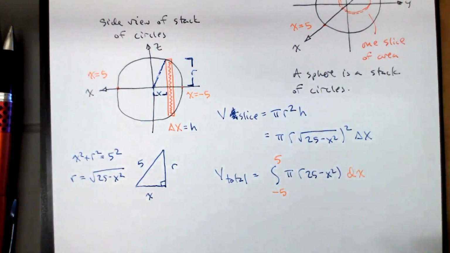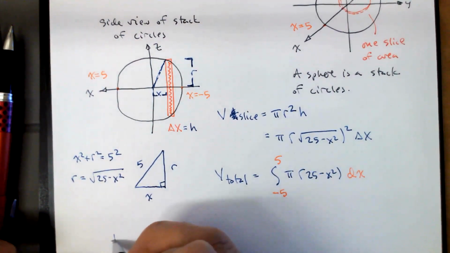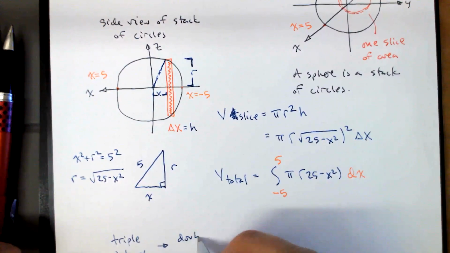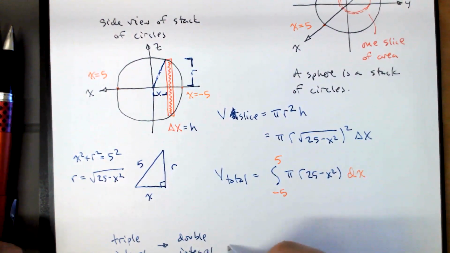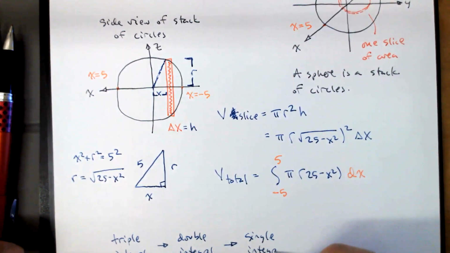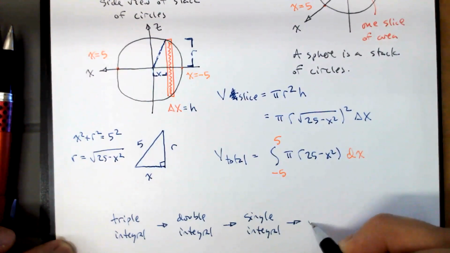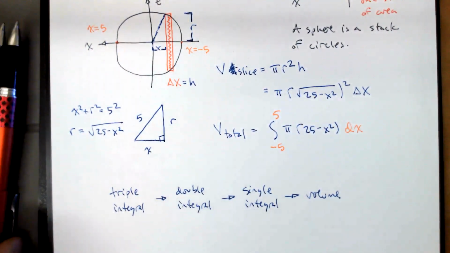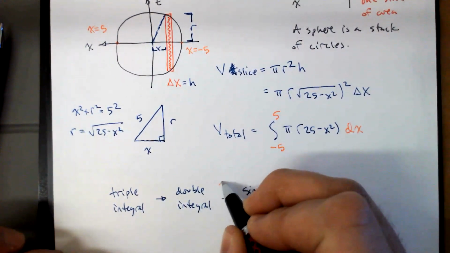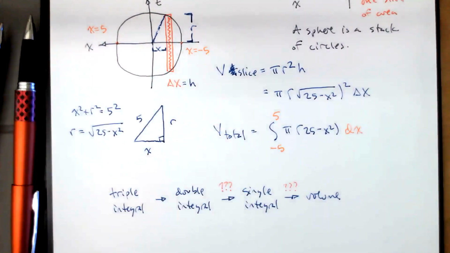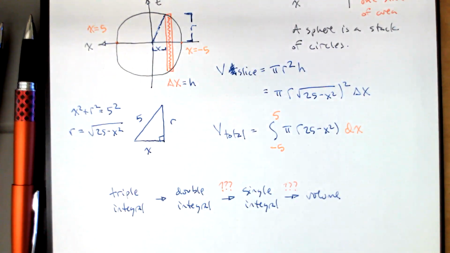And at this point, we would want to fill in the parts that we haven't filled in. We could take this v total and make sure that it gives us 4/3 pi r cubed.